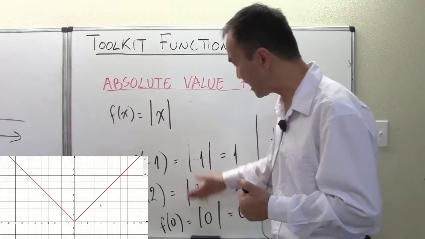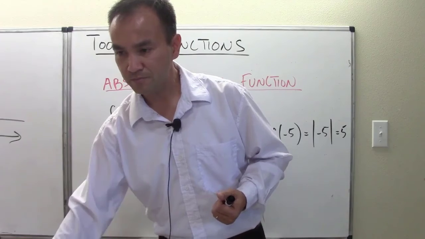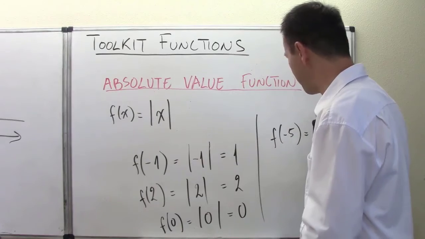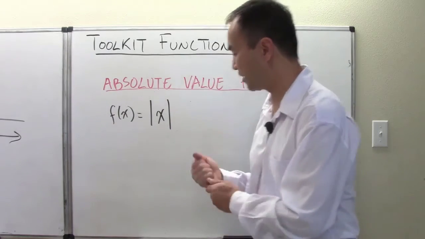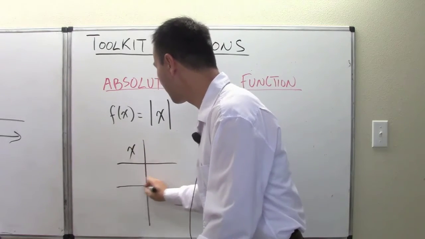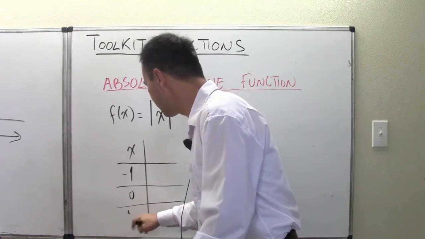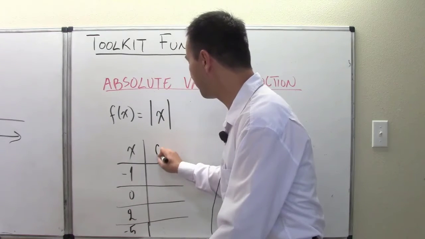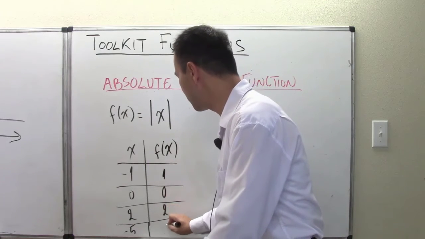But think about the values in the table of values, and that will explain the reason why. You can think of a table of values as follows. I've had -1, I've had 0, I've had 2, and I've had -5, and the function outputs were 1, 0, 2, and 5.